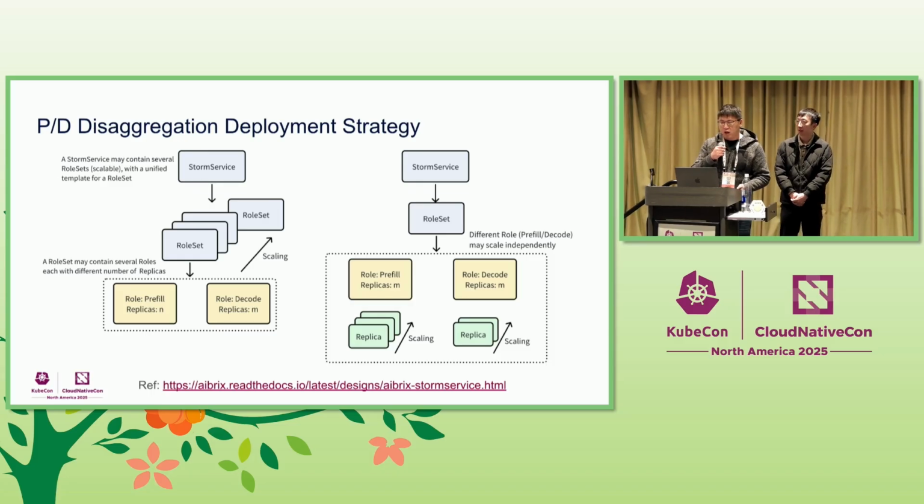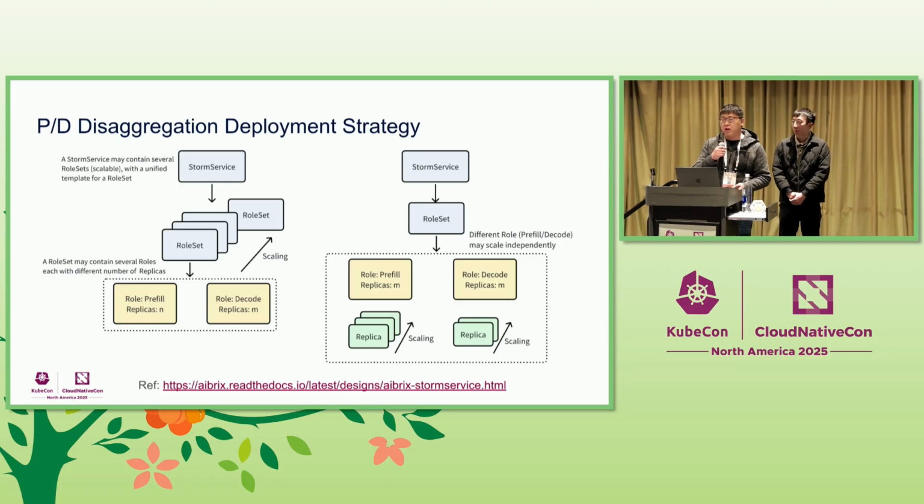So AIBrix provides 2 different PD deployment strategies. Replica mode treats each RoleSet as an independent replica of the service. If you already know the PD ratio, like 3 prefill workers and 1 decode worker, you can directly configure the RoleSet and replicate it.